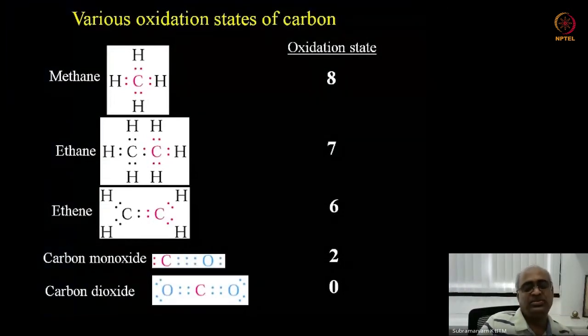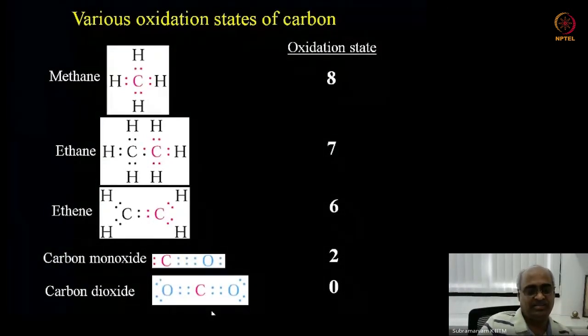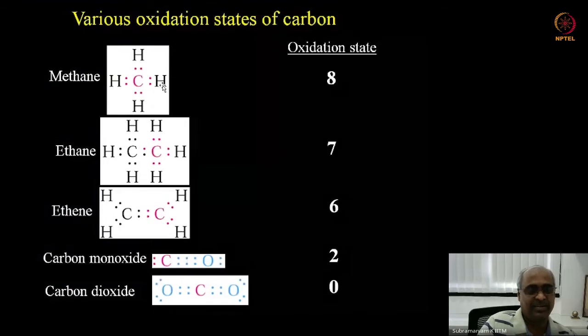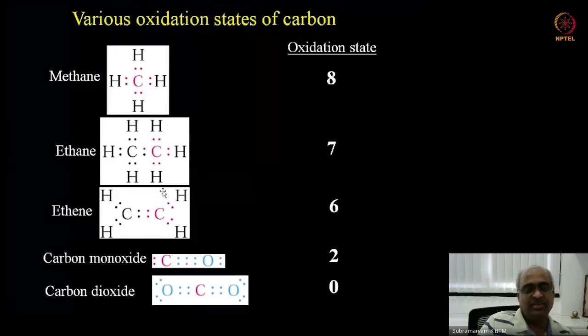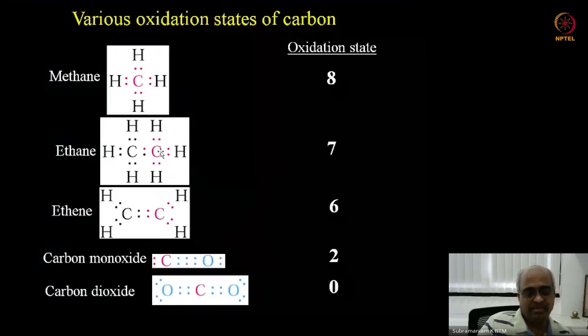And in the most oxidized form, carbon dioxide, the carbon actually has no claim on any of the electrons that it claimed in methane. So this is the most oxidized form. So here, what I want you to remember is, in each one of these molecules, the electron affinity varies.